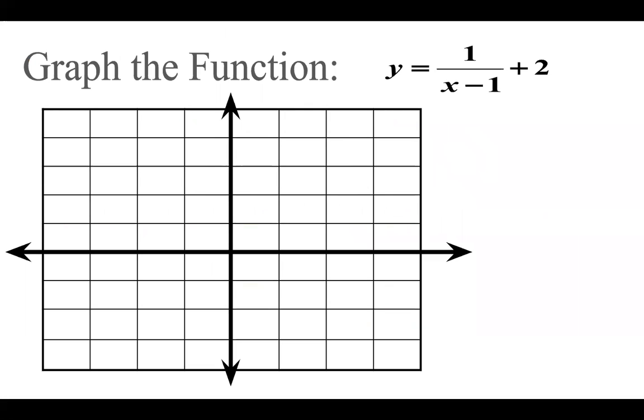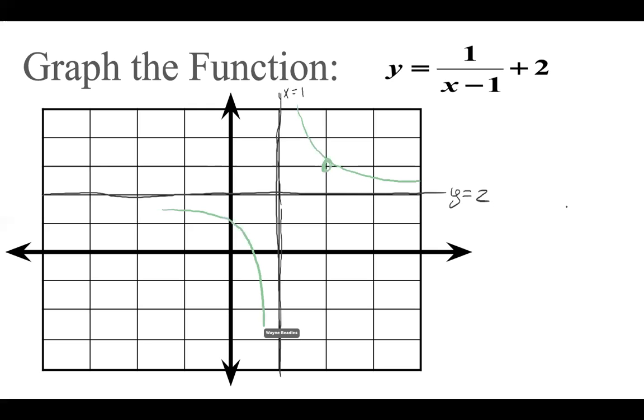So if we had one like this, the vertical asymptote is right here at x equals 1. And the horizontal asymptote is at 2, right here, y equals 2. As long as this is positive and it's in this form, your graph is going to go through the catty corner point right here and through the catty corner point here.